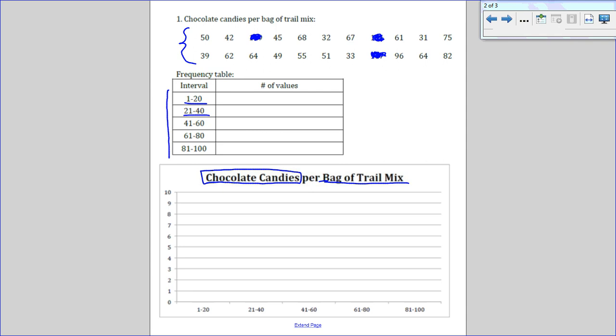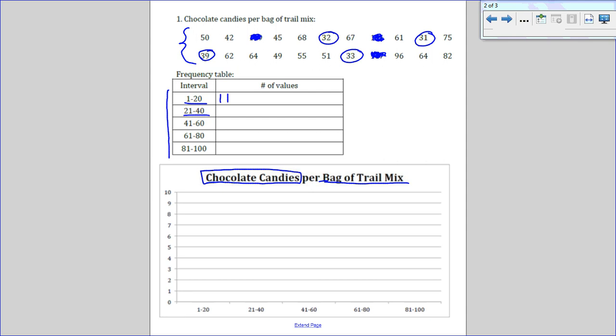Well, let's see. Looks like that falls between 21 and 40. That falls between 21 and 40. So does that. So does that. So it looks as though we have 1, 2, 3, 4.